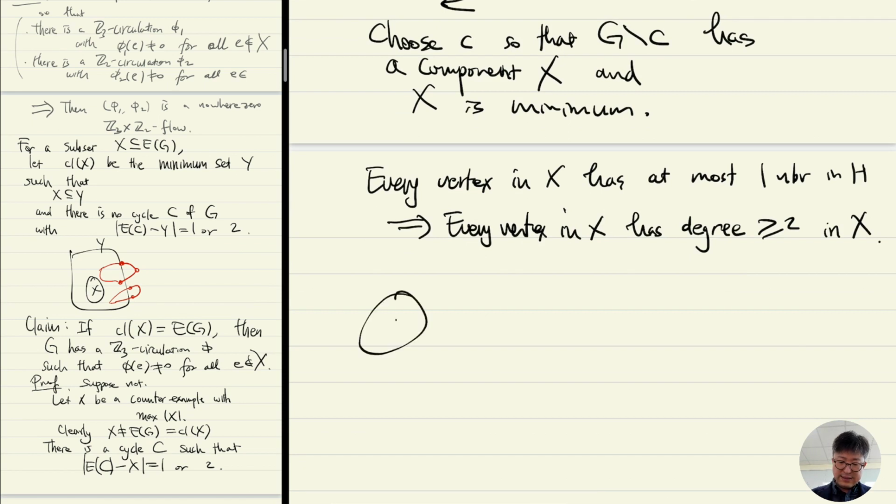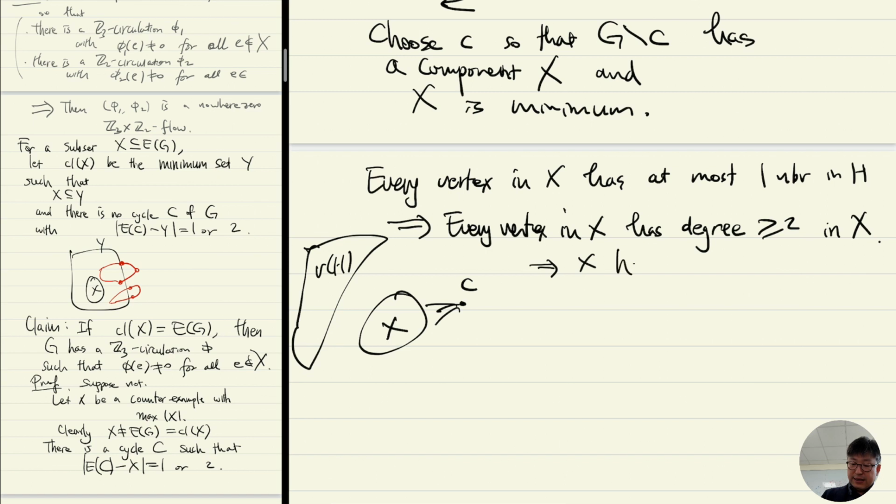Right, so here's X, here's C, and here's V over H. And so every vertex in X has degree at least 2 in X. That means X has like at least 3 neighbors, 3 vertices.